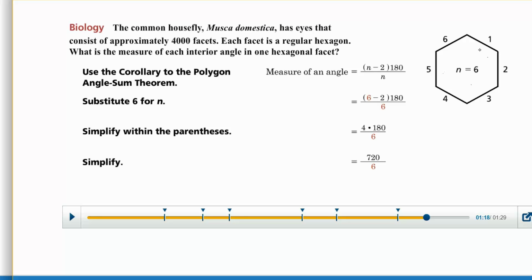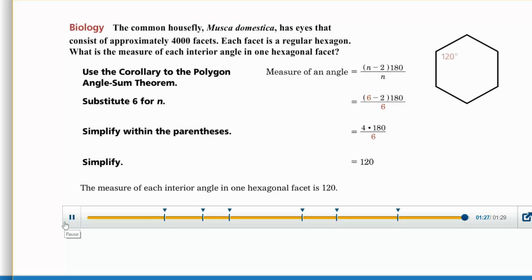All the angles, all the inside angles will add to 720, and we're going to divide it 6 ways. The measure of each interior angle in one hexagonal facet is 120. So each angle in this regular hexagon will be 120 degrees. And if we took 120 times 6, we end up with 720.